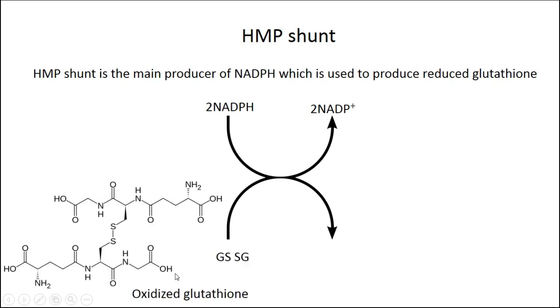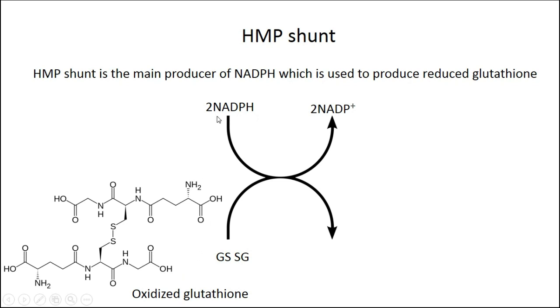The shortcut for it is GSSG. So there is a bond between these two sulfur atoms. So you can say that this is a GS and this is a GS, and both of them are GSSG, and there is a bond between the two sulfur atoms.